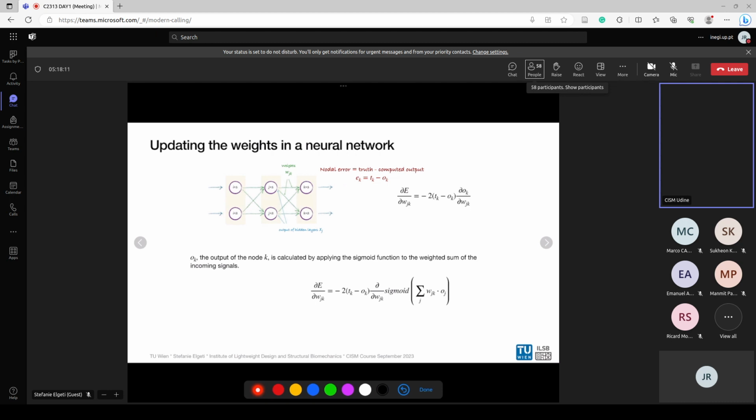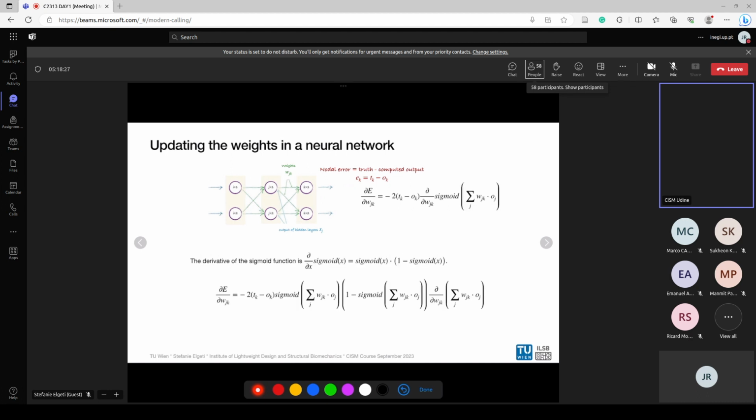So the output of node K is calculated by applying the sigmoid function to the weighted sum of the incoming signals. So now here for the output, we plug in the sigmoid function and the incoming weights. We put this to the top right corner. Then we insert the derivative of the sigmoid function, which is defined as such. So we insert this here into the expression.